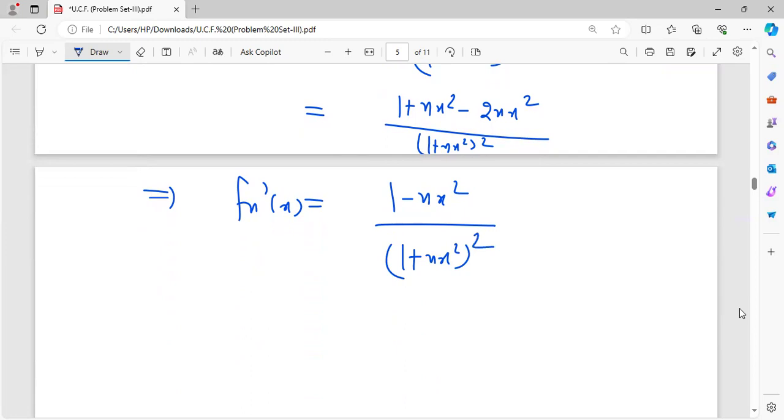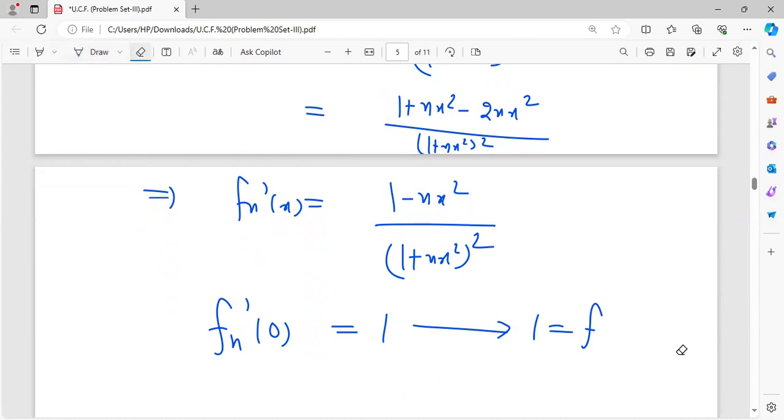Now see, what is Fn dash 0? It is 1, and it will converge to 1. So its derivative's pointwise limit, let's say g, gives g of 0 equal to 1.